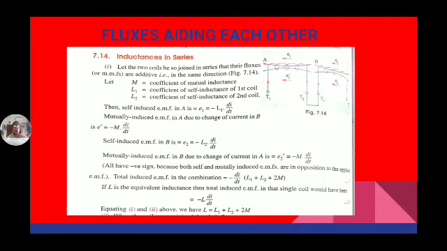Based on these two conclusions we have derived L equivalent equal to L1 plus L2 plus or minus 2M. If fluxes are aiding, it is plus. If fluxes are opposing, it is minus.